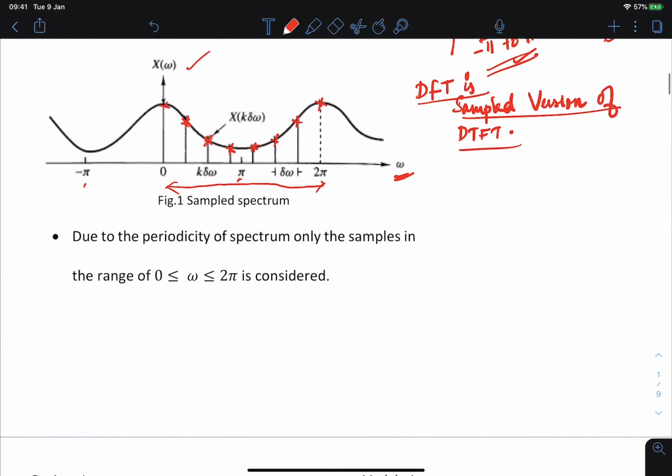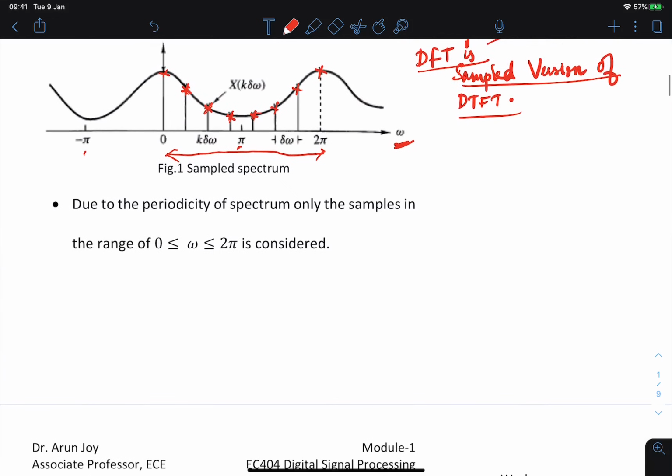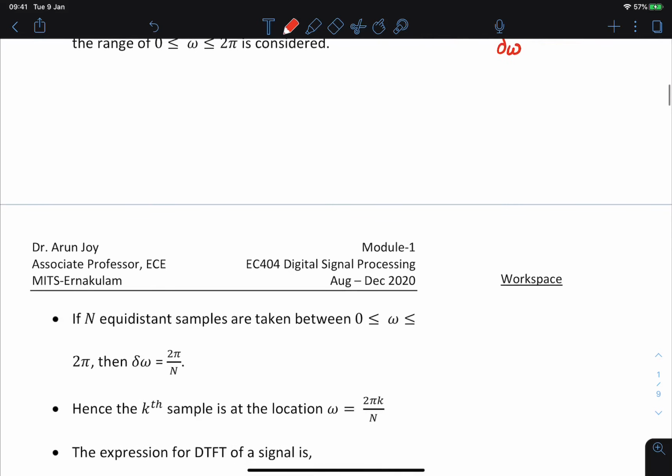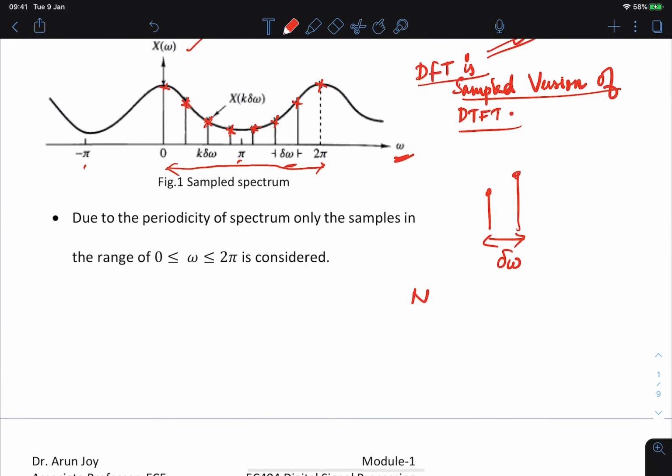Next, let us consider that this waveform is sampled with spacing delta omega. That is, the duration between each sample is delta omega, as we can see here. Now let us take N samples between 0 to 2 pi, and the distance between consecutive samples is equal to delta omega.